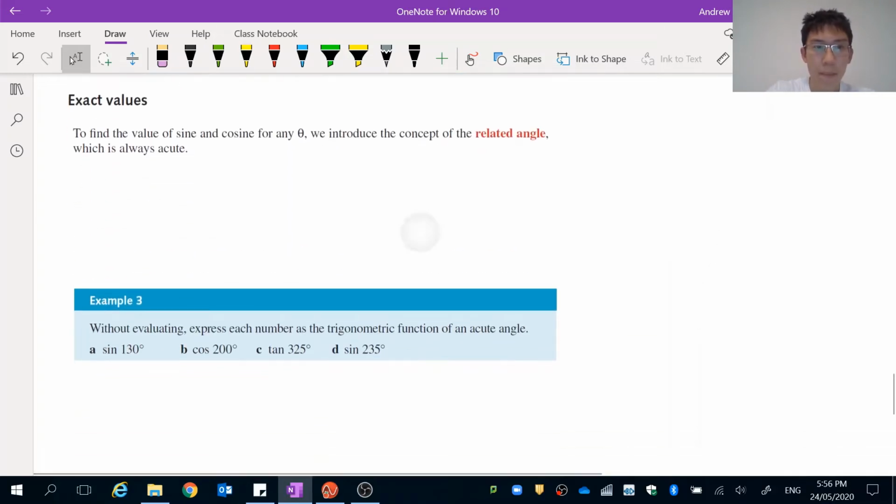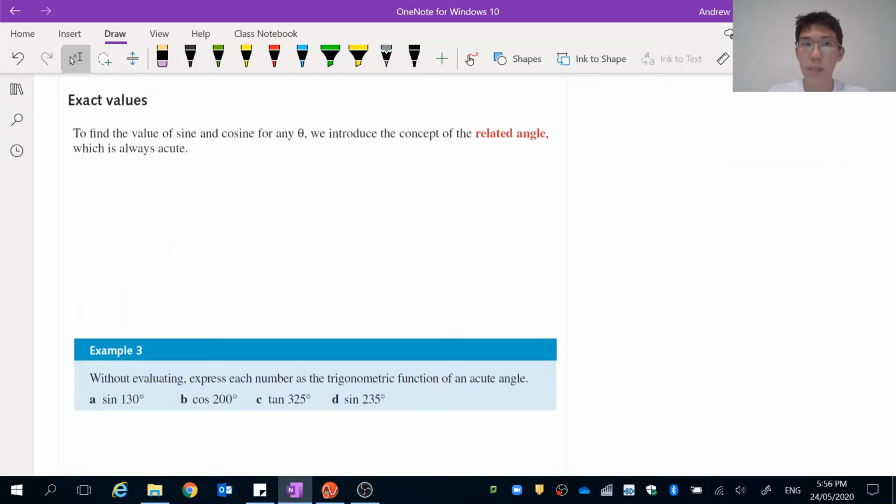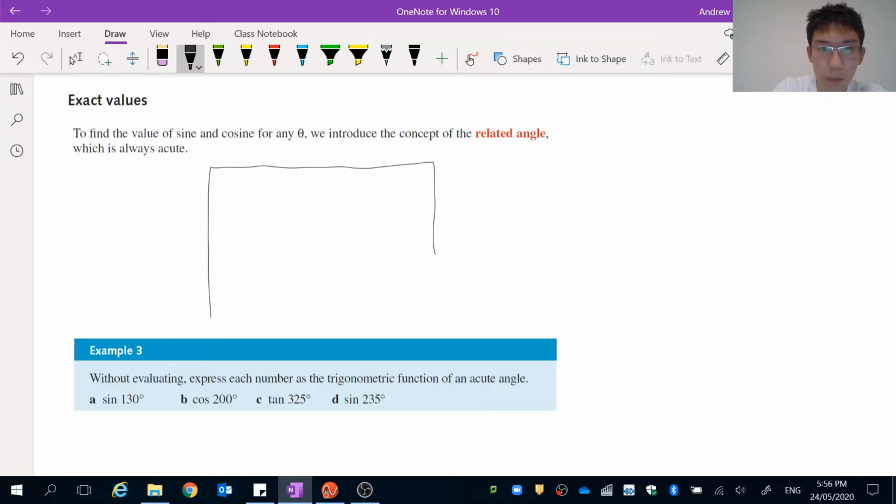Okay, a few more. Let's have a look at some exact values now. If you haven't seen it before, this is the way I show you how to memorize these exact values. I'll do it from scratch here so you can see.